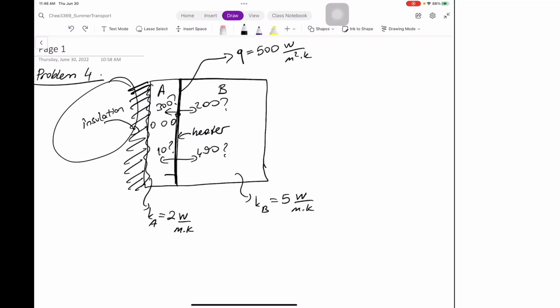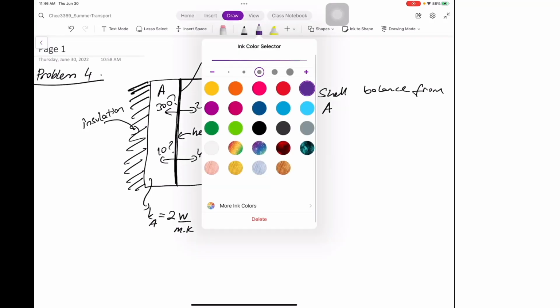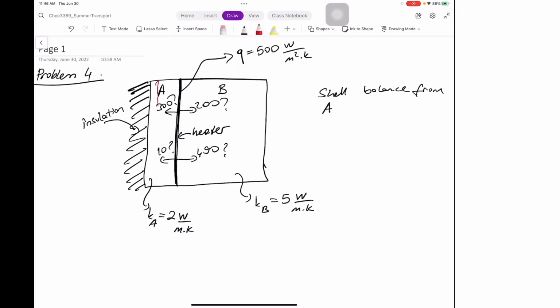The shell balance from the A side is going to give you the following. In minus out plus generation is accumulation.